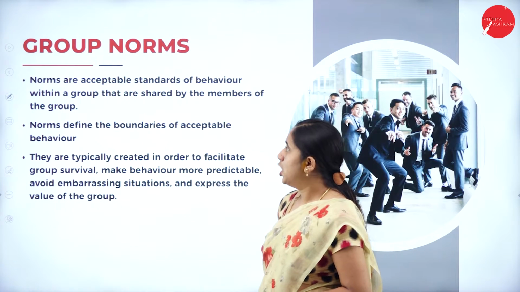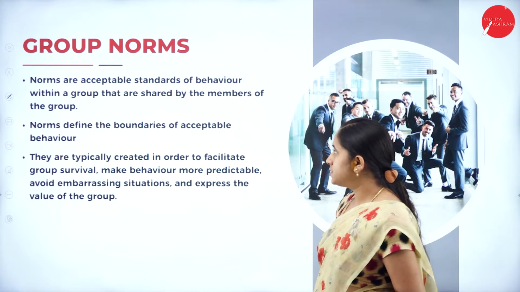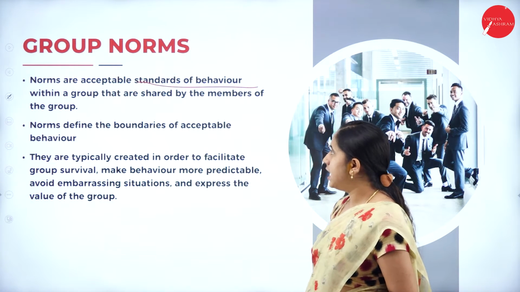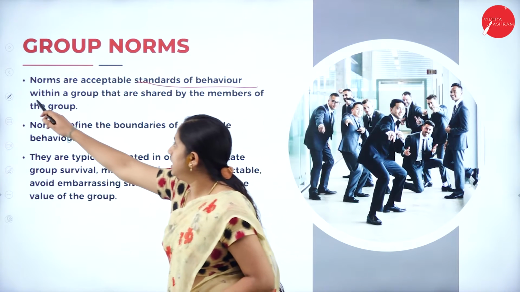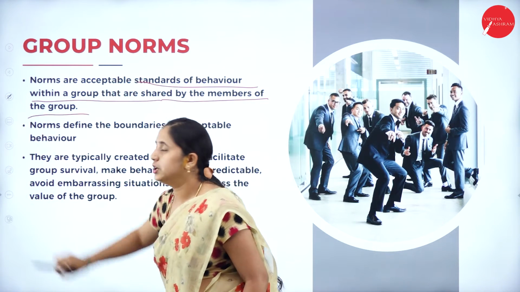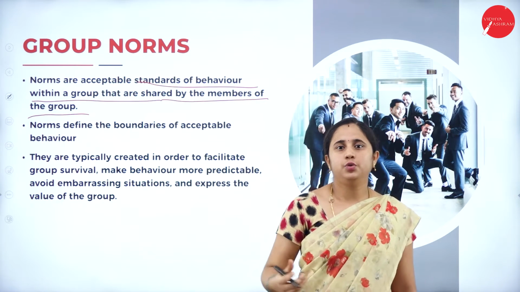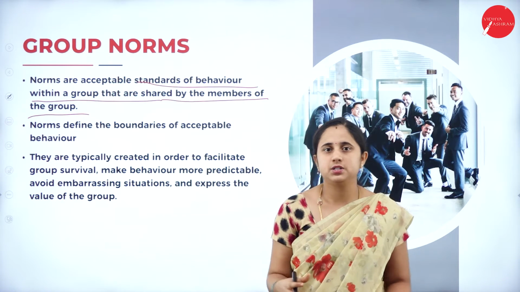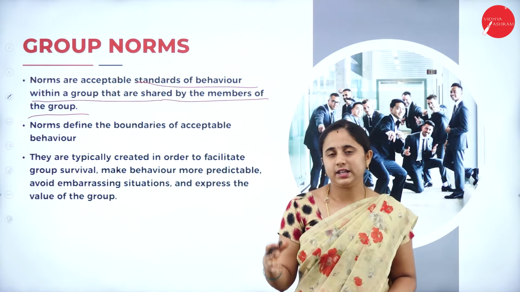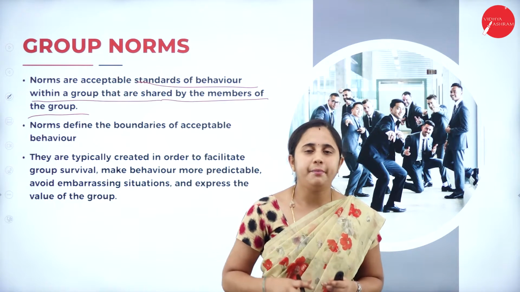Moving further, group norms. What do we mean by group norms? Norms are acceptable standards of behavior within a group that are shared by the members of the group. So when you are working in a group, if the five group members are ready to work 24/7, is there any rule to accept this command?